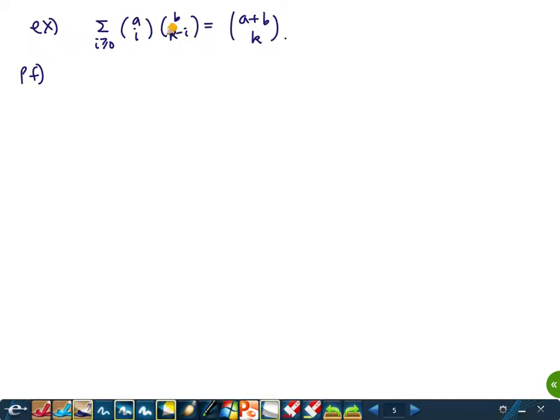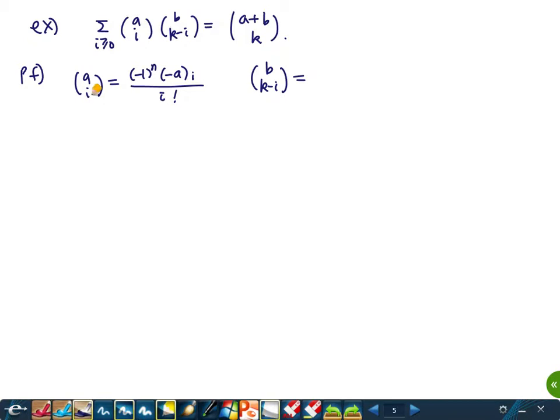All right, so binomial coefficients, we already expressed this as a hypergeometric series, right? We already expressed this like minus a sub i over i factorial. Okay? And what about this? k minus i.